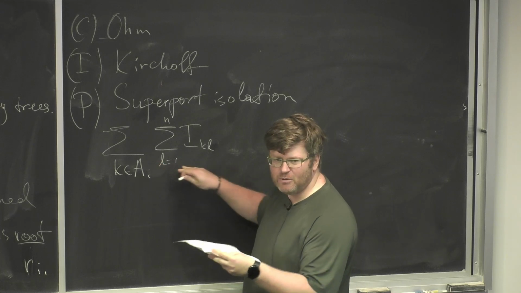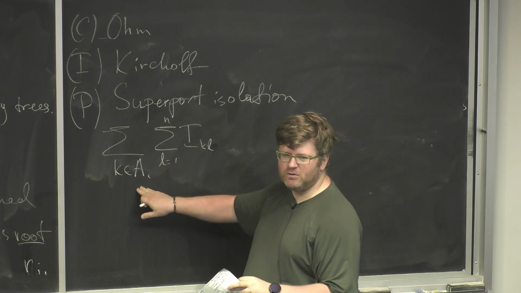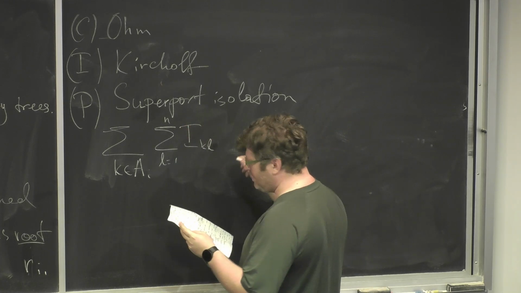Right, so this was incoming current into this particular boundary vertex. Now we lumped some of those boundary vertices together into a superport, and we're saying that the sum of incoming currents has to be 0.